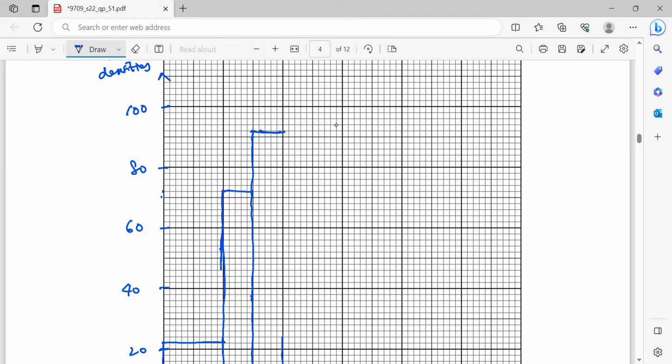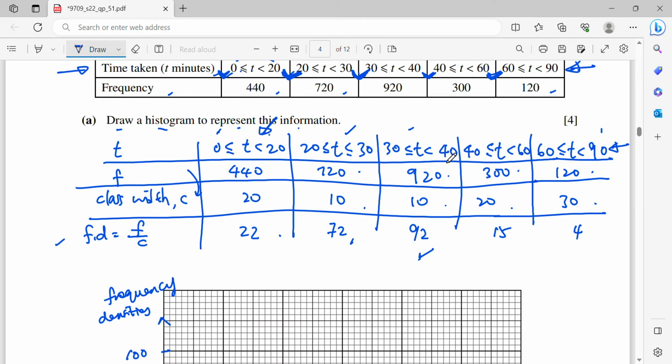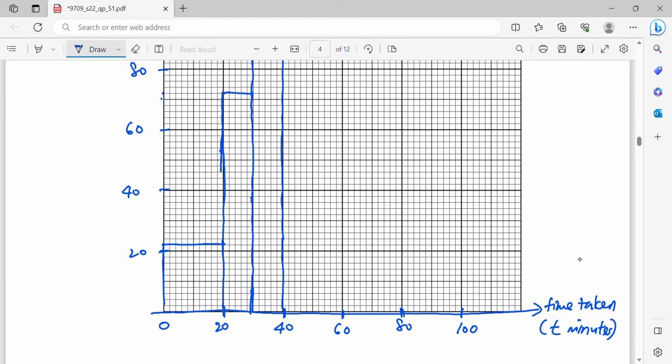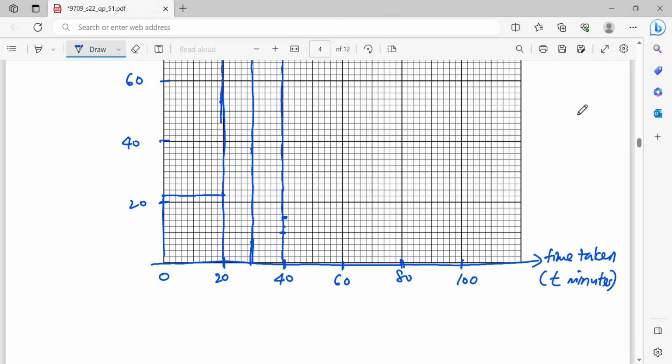Okay, this is the height. Okay, there's the third class. The class 40 to 60, the height is 15. So 40 to 60, the height is 15. Here is 10. So 12, 14, 15. Alright. So it's in the middle.